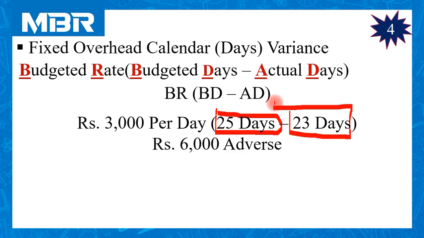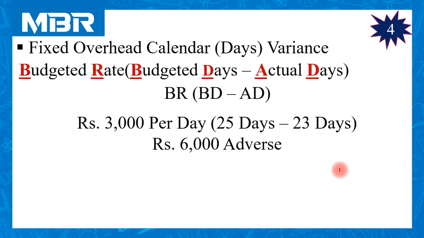It means as an employer, we lost work of 2 days. But we are not in a position to reduce their salary because it is a fixed expenditure. So here we have received 2 days less work than expected. It is adverse. So interpretation is also important in fixed overhead.